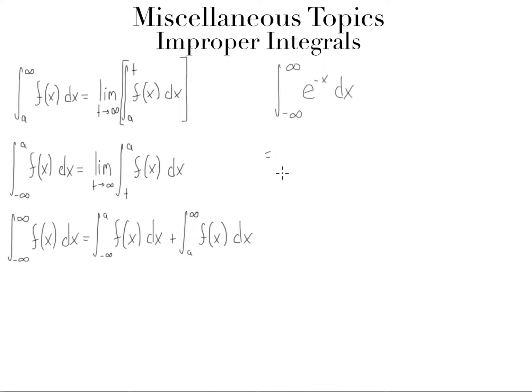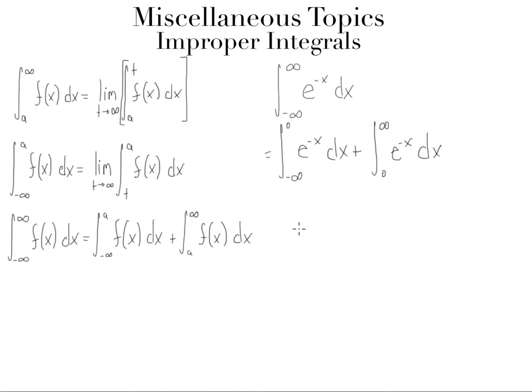So this is equal to the integral from negative infinity to 0 of e to the minus x dx plus the integral from 0 to infinity of e to the minus x dx. What I have to do is evaluate these independently, and if these two are convergent, then the addition of their values will give me an expression for this improper integral.